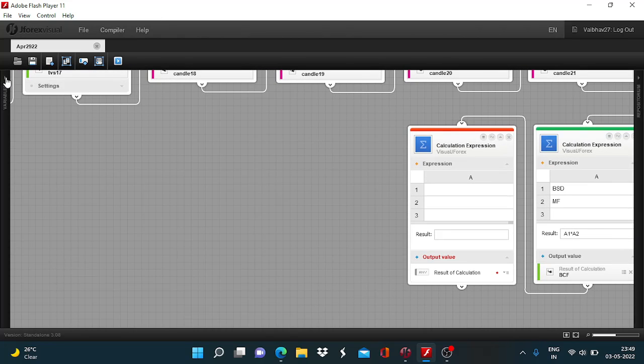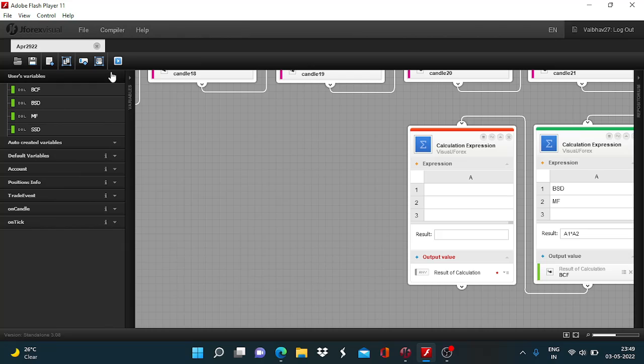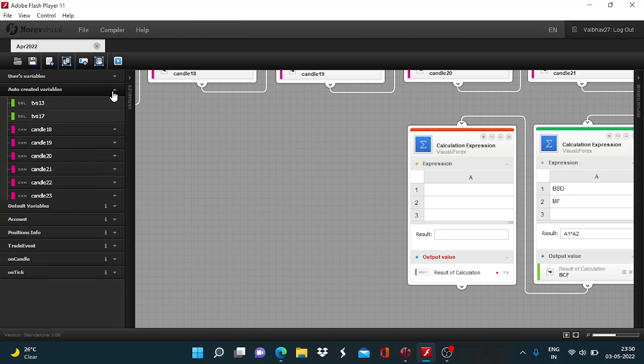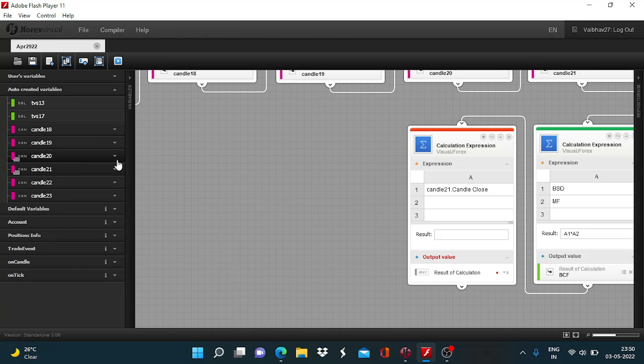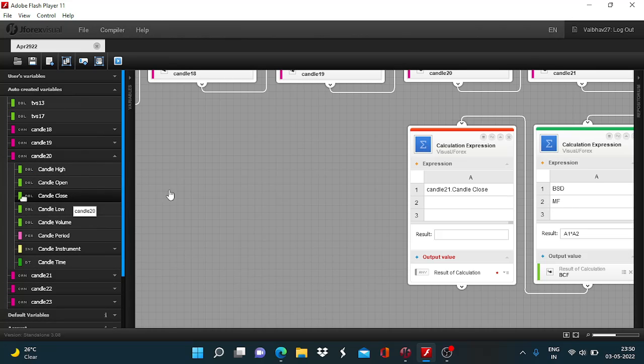Okay. So here we take candle 21 candle close and candle 20 candle close.